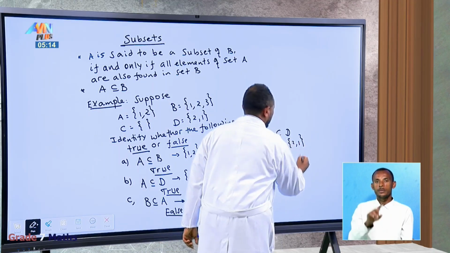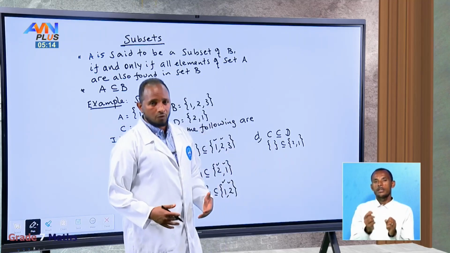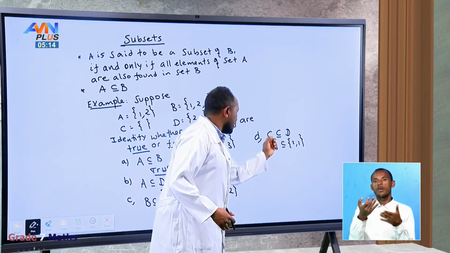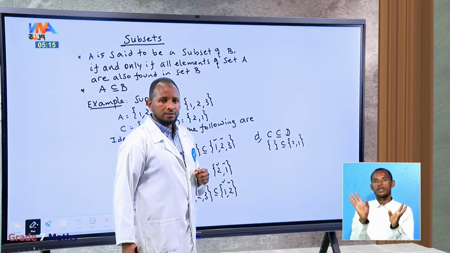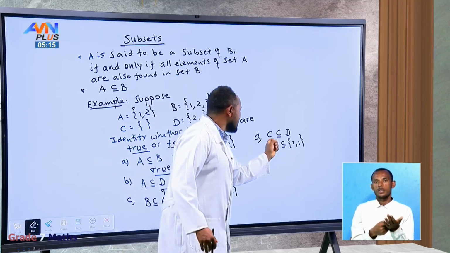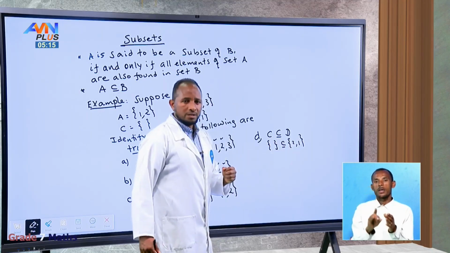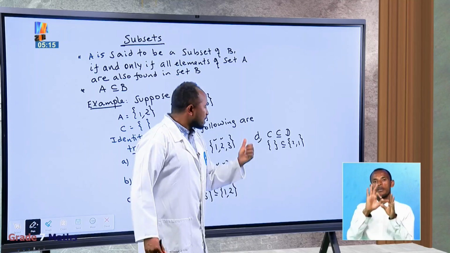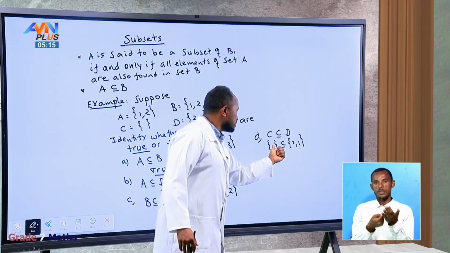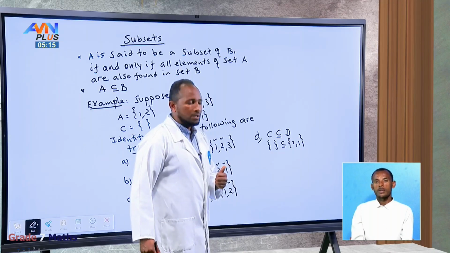Here we can check this statement in this form. Is there an element which is found in this set but not in the other? There is no element which is found here but not in the second set. So this does not violate the definition. Because of this, the empty set is a subset of this set.